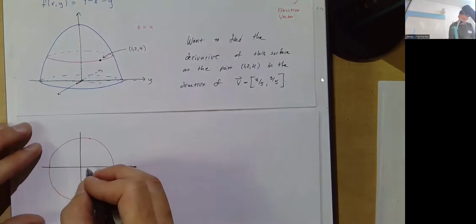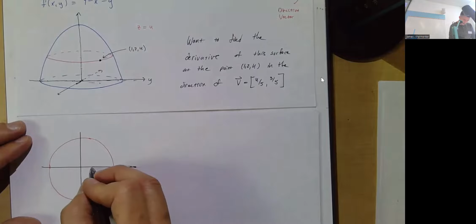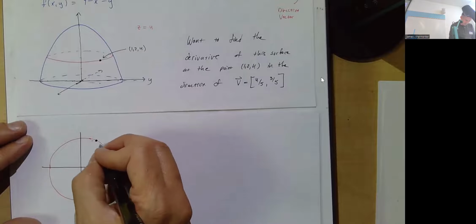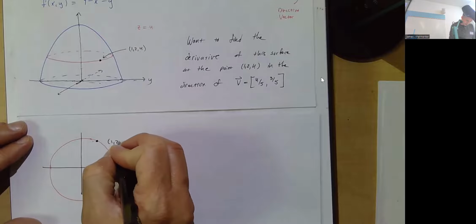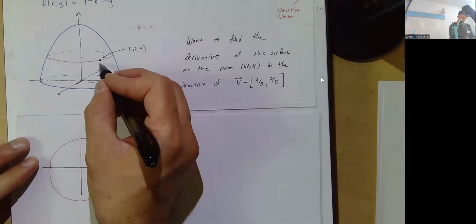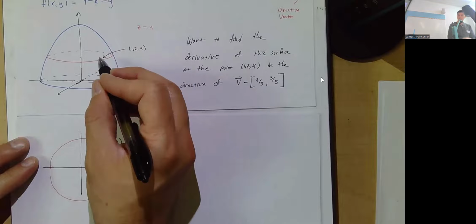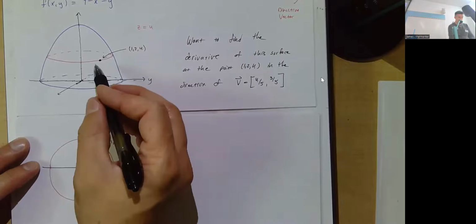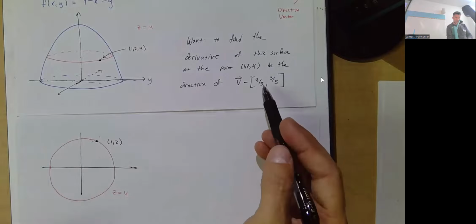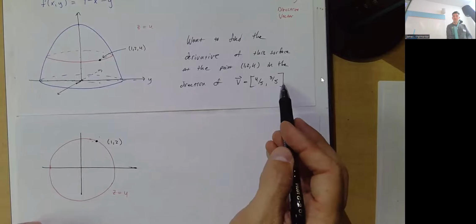And here's my point where x is 1 and y is 2. So here's the point 1, 2, 4. Now what I'm saying is that point right there is the same as that point right there. I'm just drawing in 2 dimensions. And now from that point, I want to go in the direction of the vector 4/5, 3/5.